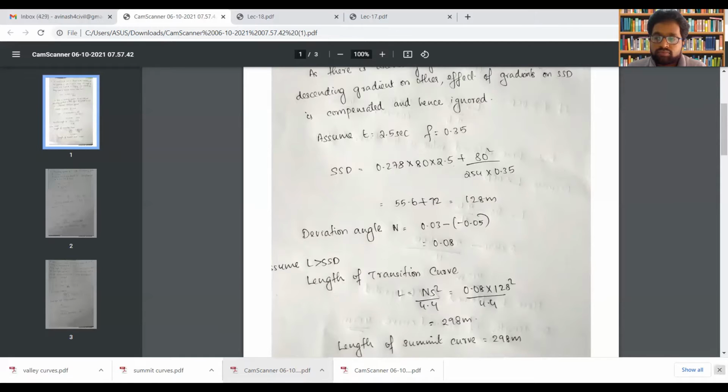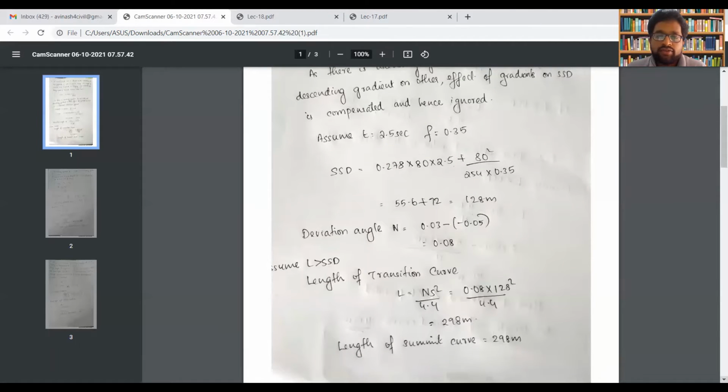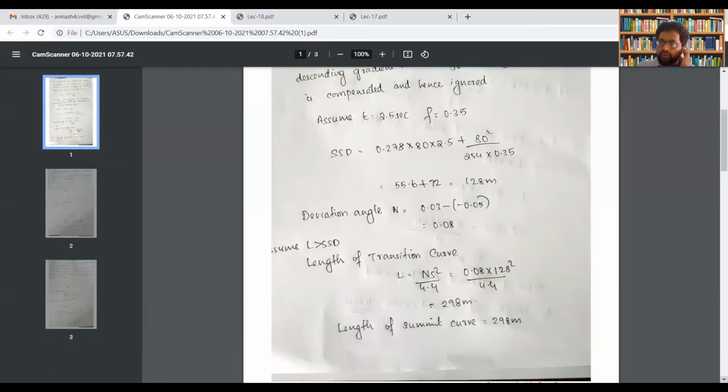Now, to find the length of the transition curve, there are two conditions. Either the length of the transition curve is greater than the stopping sight distance, for which there is one formula, or it is less than the stopping sight distance, for which there is another formula. In this question, we assume that the length L is greater than the stopping sight distance.